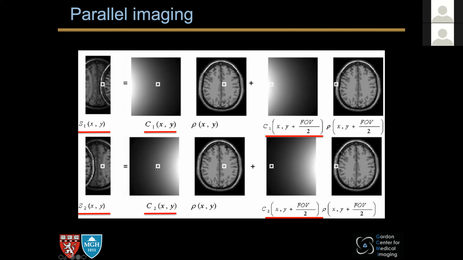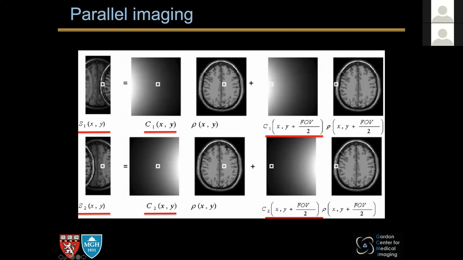The important thing is that coil 1 and coil 2 have different sensitivity information that is known. So now we have two unknowns, the original image values at these two voxels, and two equations, where C1 and C2 can be measured in advance. By solving this linear system, we can recover both voxels, so that we resolve the aliasing artifacts seen in this image.